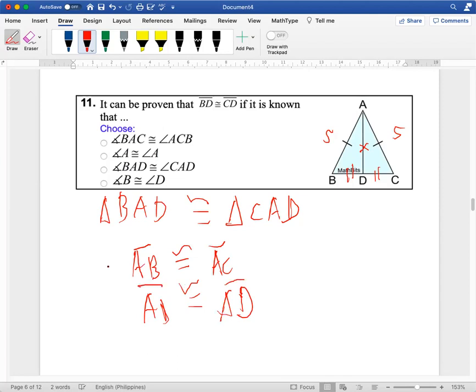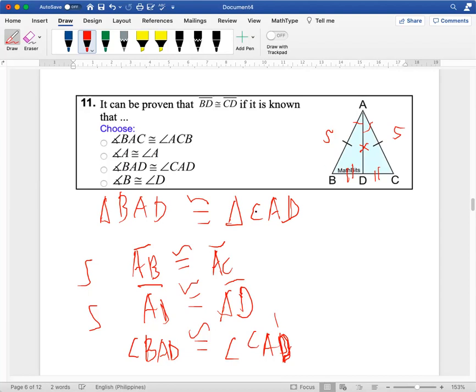So we have side, side. And we could have another angle here: angle BAD is congruent to angle CAD. We're looking for these angles to be congruent for us to show that these two sides are congruent.